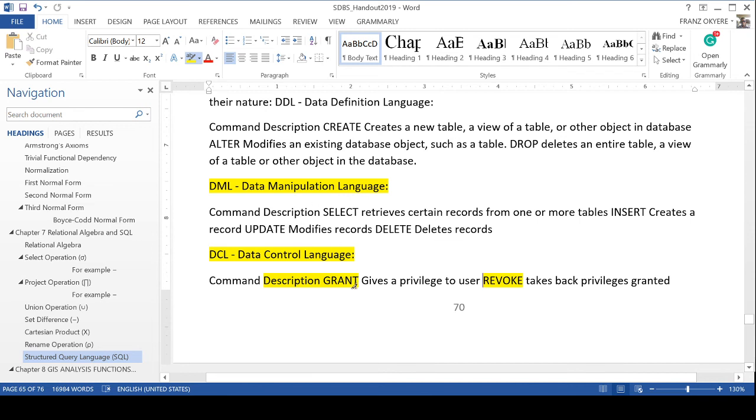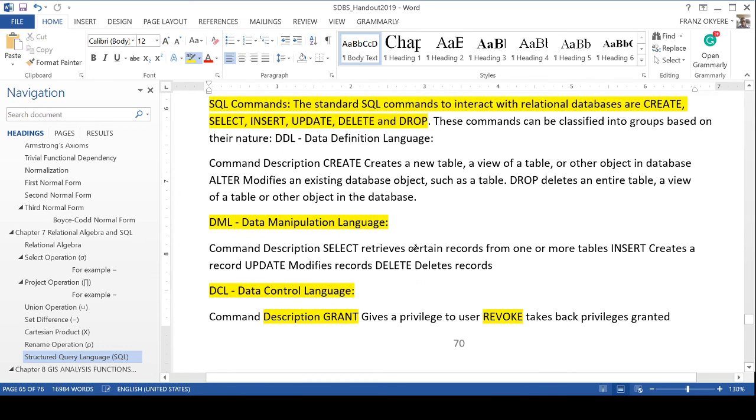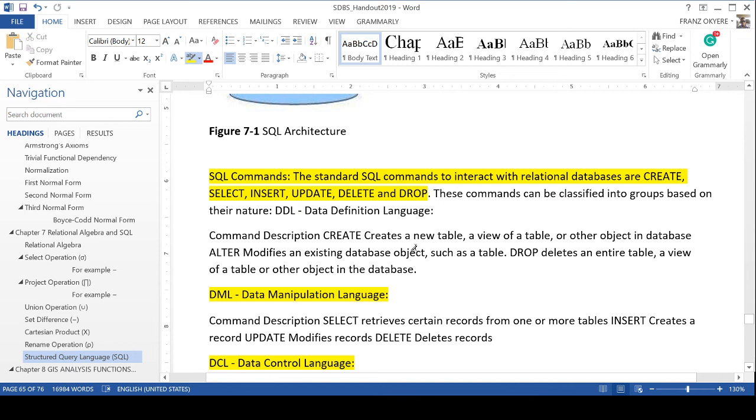So we can write a statement that will make sure that only certain users can access, and we give them privileges. So we have the DML, the DCL, and the data definition language.